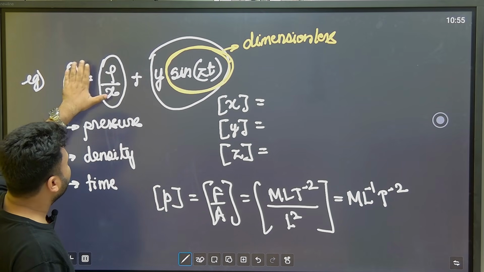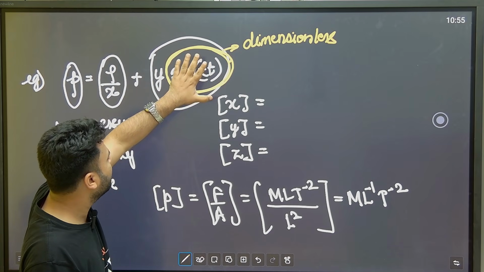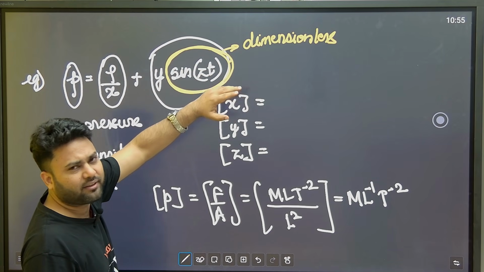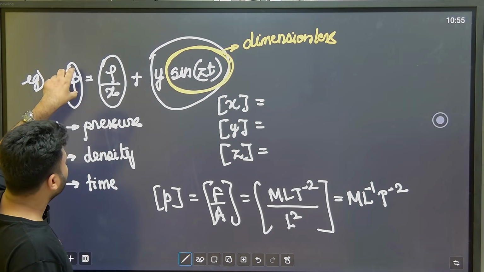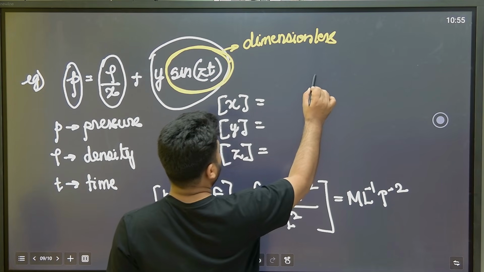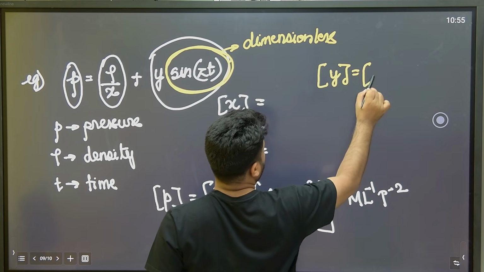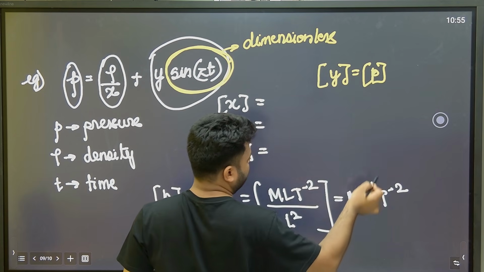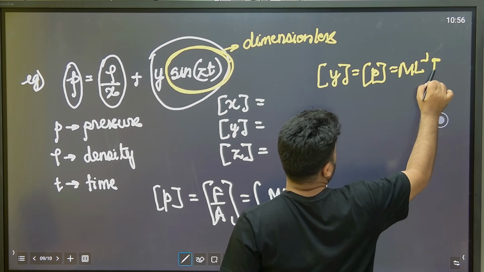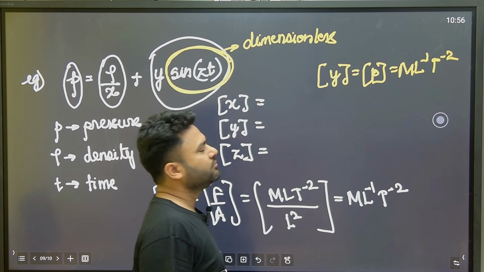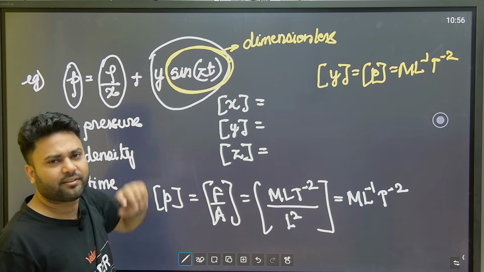So the dimension of Y is equal to the dimension of pressure, M L minus 1 T minus 2. Correct? Because this whole quantity is dimensionless.